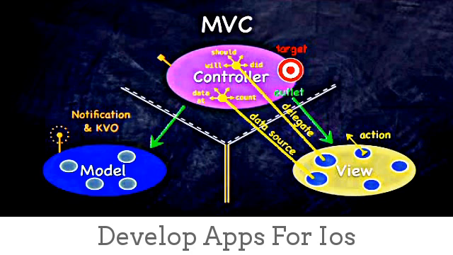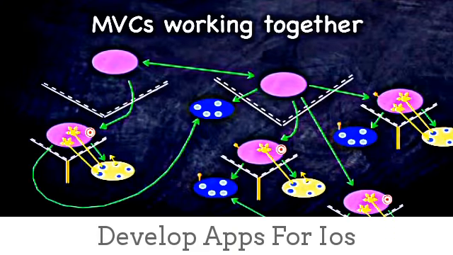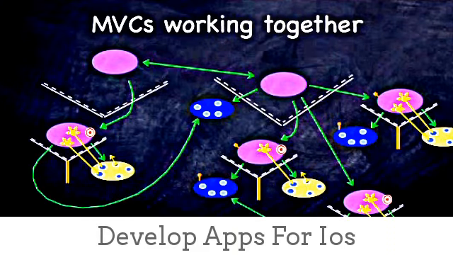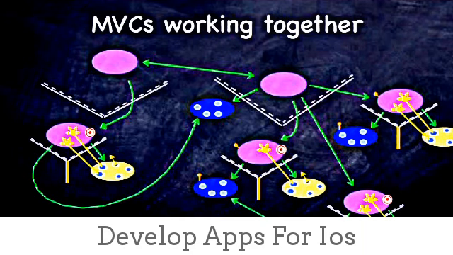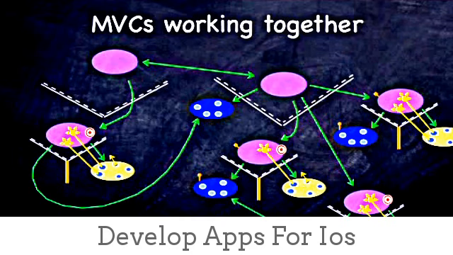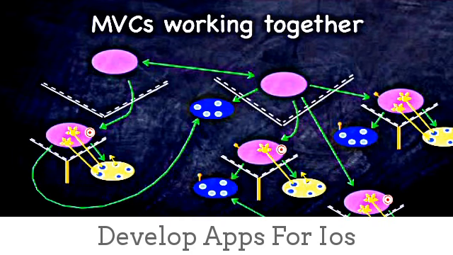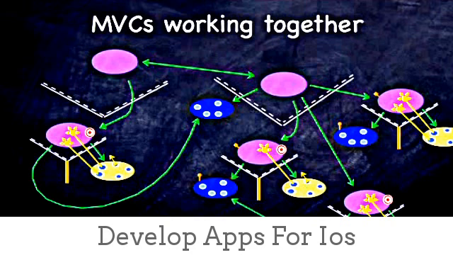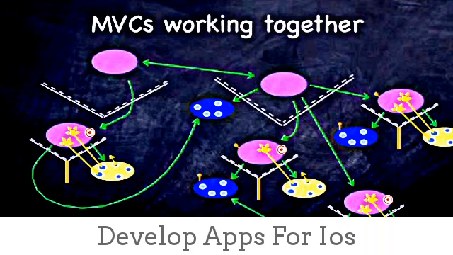And the answer is that we combine MVC groups into a big graph of MVCs, okay? And you can see in this graph that some of the controllers, which are in purple, their view minion is another MVC. Like, you see the one up in the middle, in the center, right? It actually has 3 MVCs being its view minions.